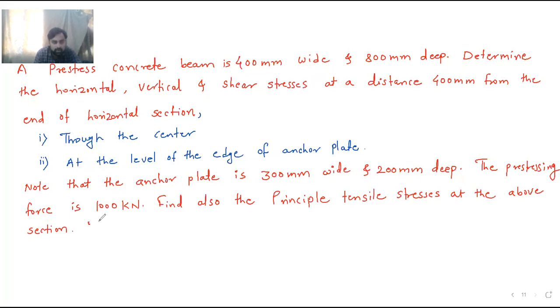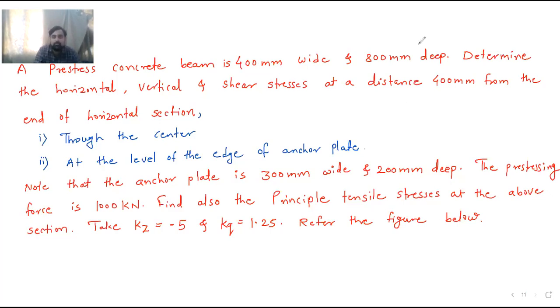Take Kz is equal to -5 and Kq is equal to 1.25. Refer to the figure below. The diagram is also given to you.